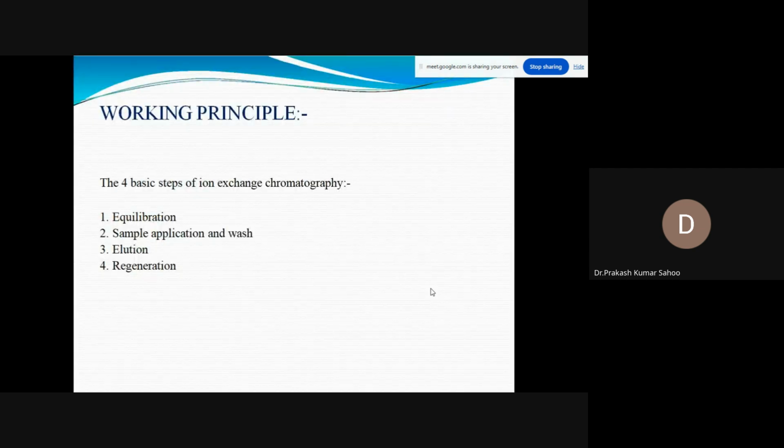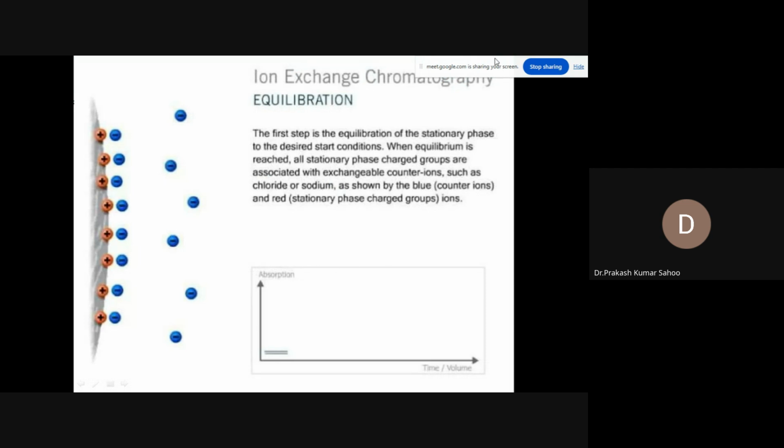Then there are four basic steps of ion exchange chromatography: equilibration, sample application and wash, elution, and regeneration. So this is the first step, equilibration, which is the equilibration of the stationary phase to the desired start condition.